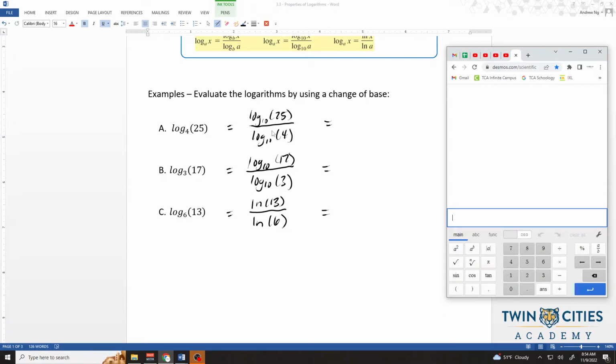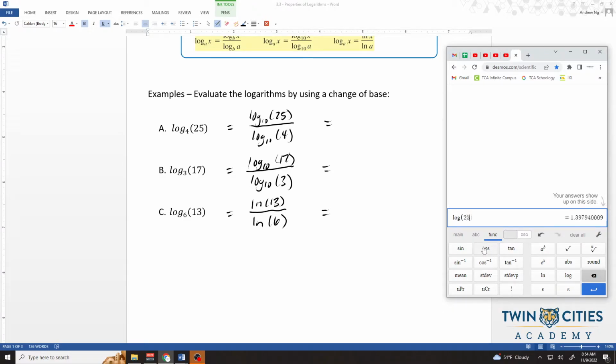Okay, log base 10 of 25. So I'll go to my functions here and I'll put in log of 25 over log of my old base, 4. I see here that's roughly 2.32. Okay, well, let's do that for the second one. Change 25 here to 17 and change this 4 to a 3.